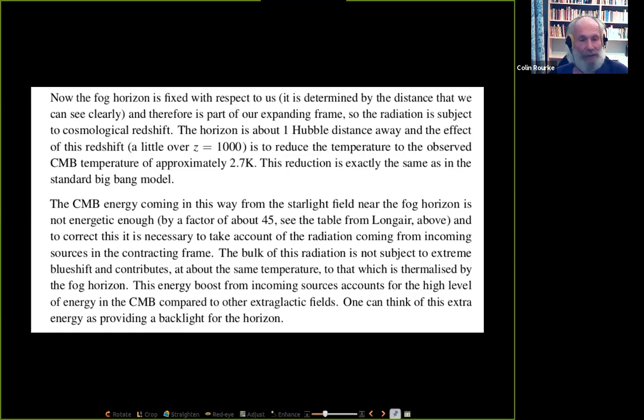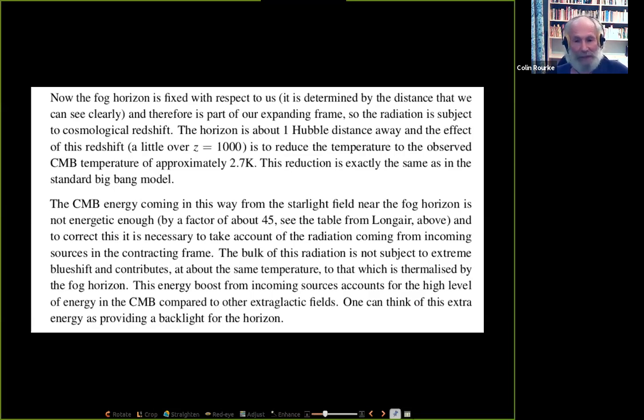So we've got stuff coming into us, as we saw before, and stuff going out. The bulk of this radiation is not subject to extreme blue shift and contributes at about the same temperature to that which is thermalized by the fog horizon. The energy boost from the incoming sources accounts for the high level of the energy in the CMB compared with other extragalactic fields. Now, I've got to model this properly, and I haven't, and that's a future project.